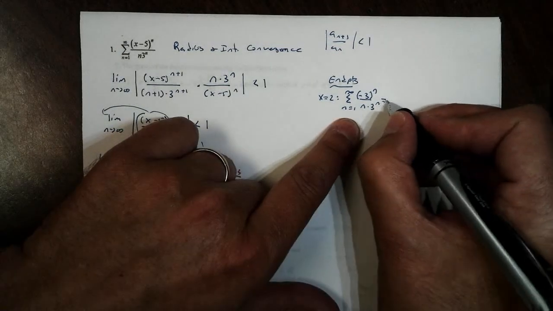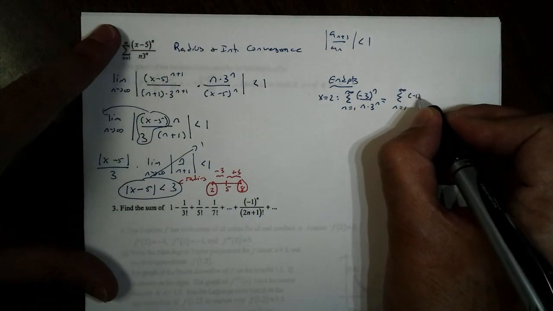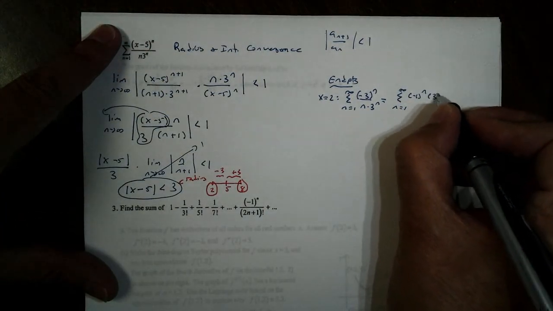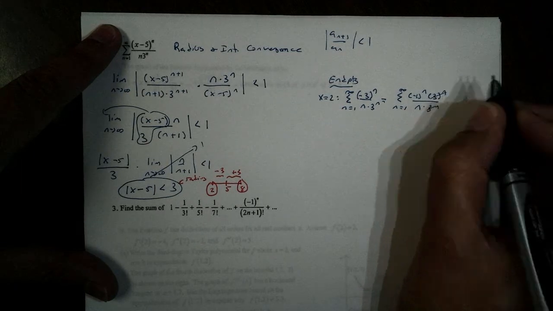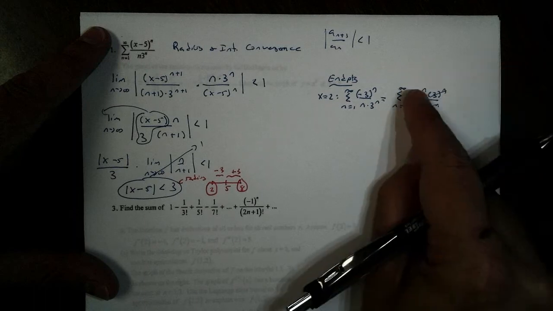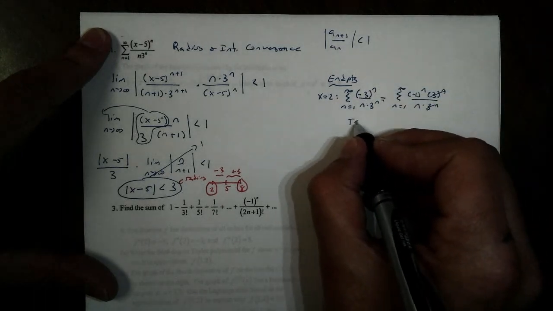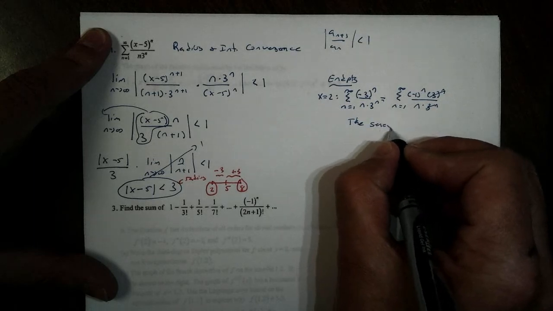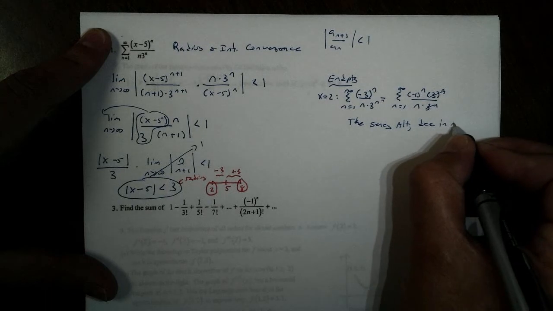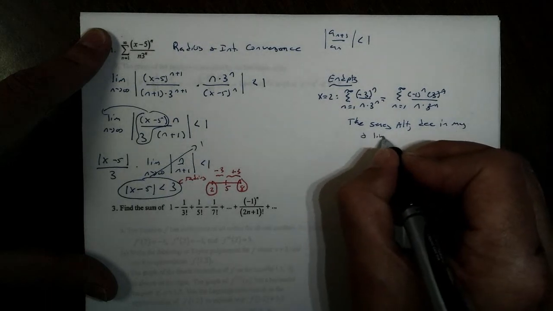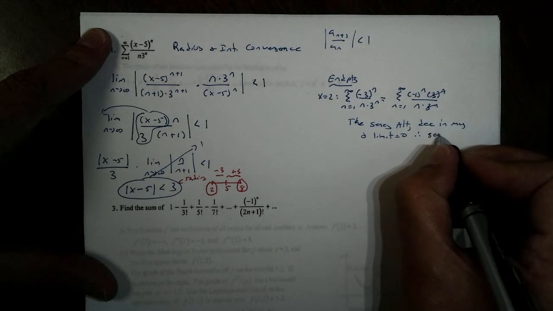Now, I don't like this negative 3 like this, so I'm going to factor out that negative, see the alternating part right there, and I get 3 to the n over n times 3 to the n. And these cancel. This one's not that bad. This is an alternating series. The limit will equal 0. So we can say that the series alternates, decreases in magnitude, and the limit equals 0. Therefore, the series converges.